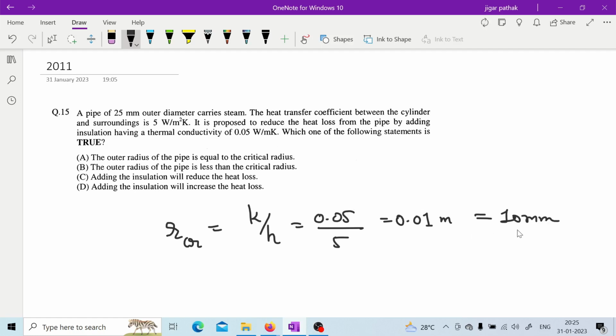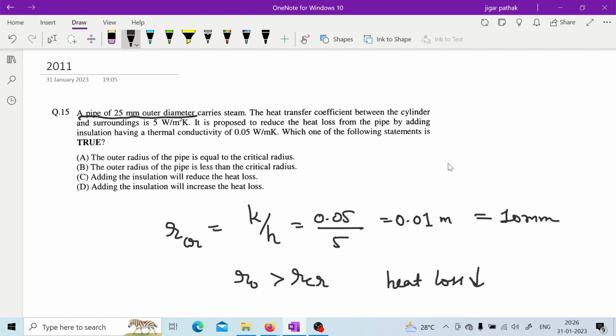Everyone is getting this, right? And the outer radius of the pipe is given as 25 mm. So whatever insulation you add will be greater than this critical radius of insulation, so the heat loss will be reduced, right?